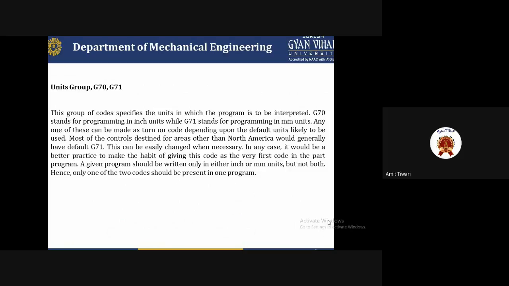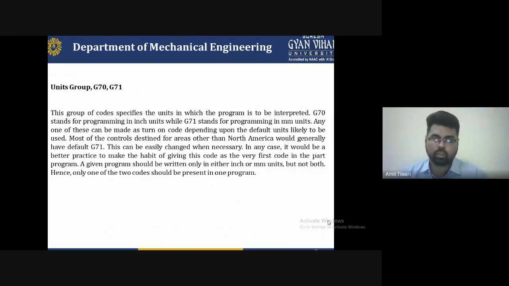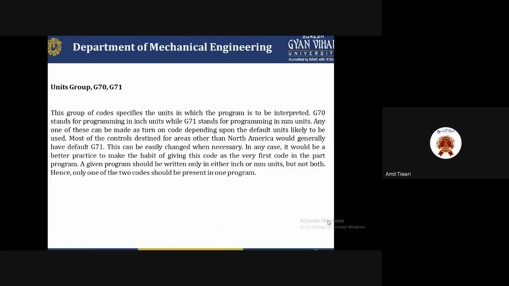So whenever you have to use inches or metric for marking, you select G70 or G71. G70 indicates inches and G71 indicates metric. These are the reasons why we use this type of technology, which is important to maintain quality.